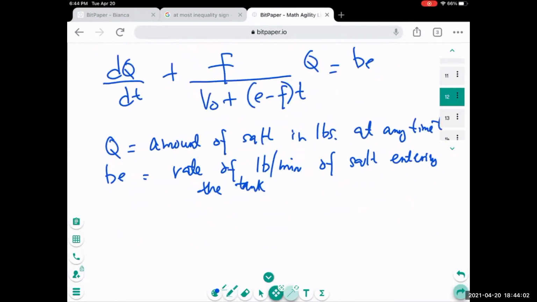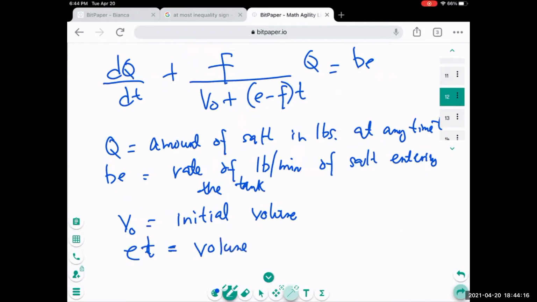And then v sub o is our initial volume. e t is the volume of brine added, e times t is the volume of brine added, and then f t is the volume of brine removed.